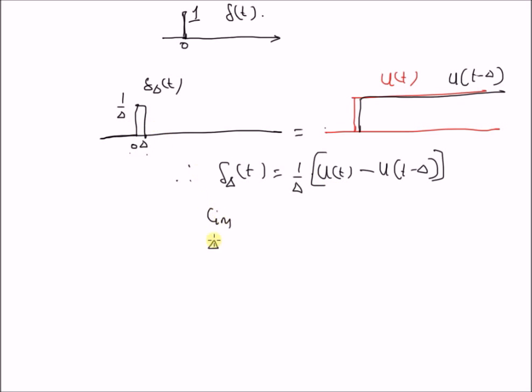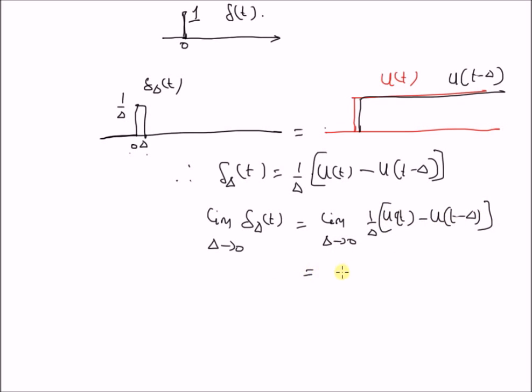Now applying the limit with delta tending to 0, the approximation becomes limit as delta tends to 0 of 1 by delta multiplied by u of t minus u of t minus delta, which is nothing but the definition of the derivative of u of t with respect to t, and this is the impulse signal. Therefore, the impulse signal is the derivative of the unit step signal.